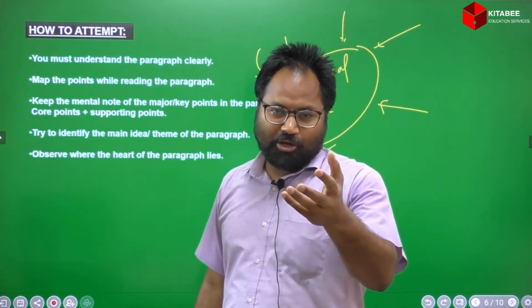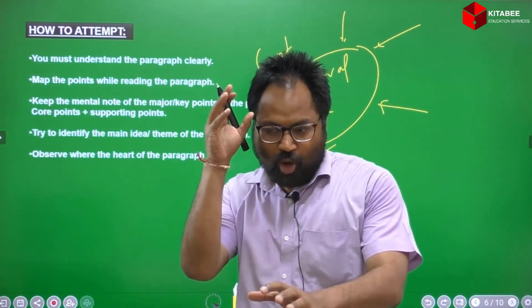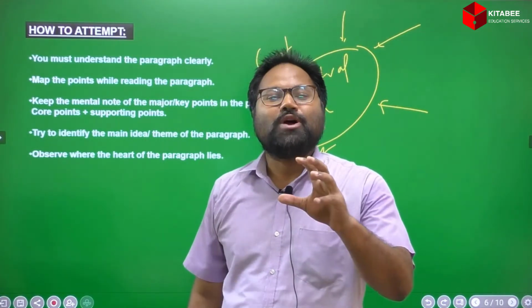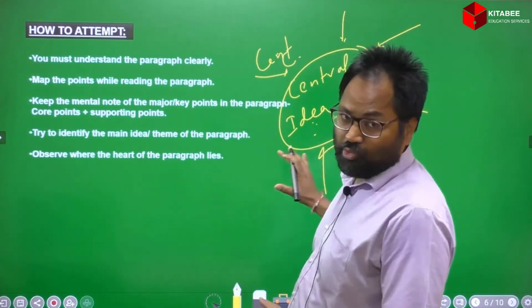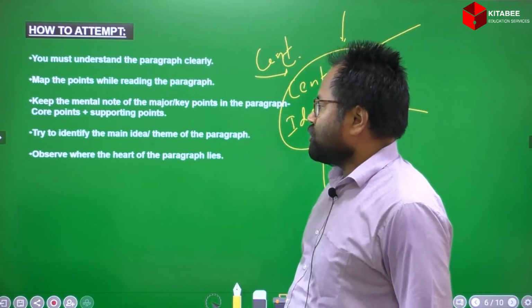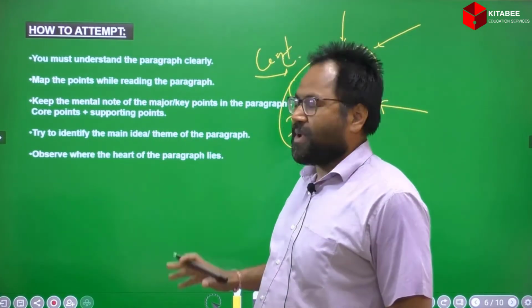So your biggest task is to get the central idea, the author's central point that he wants to debate and convey. Everything runs around it. That's important. So guys, try to identify the main idea, the theme of the paragraph.